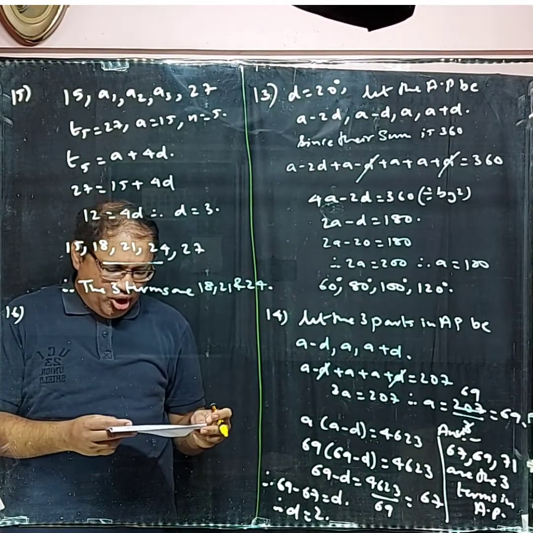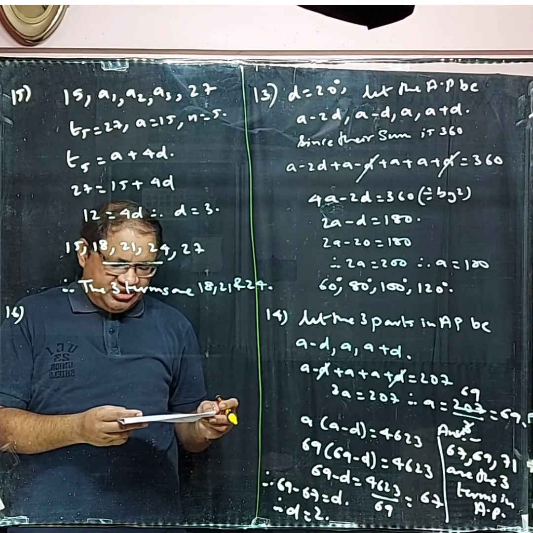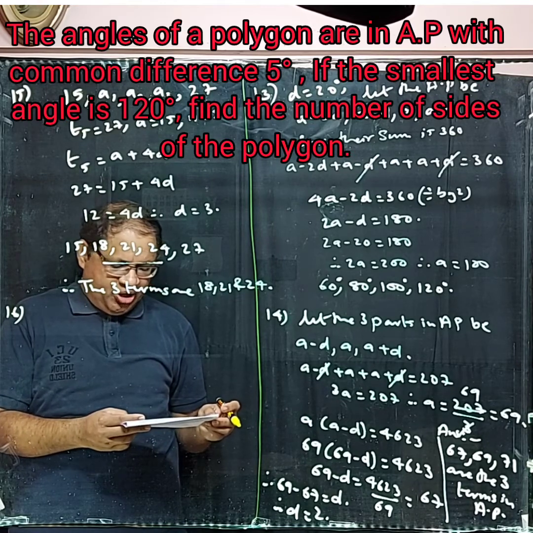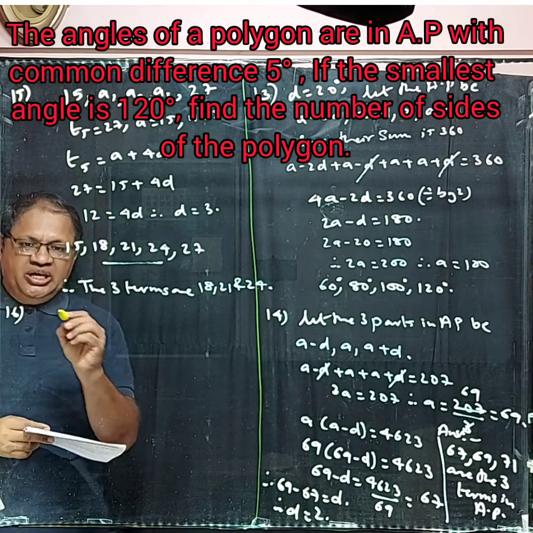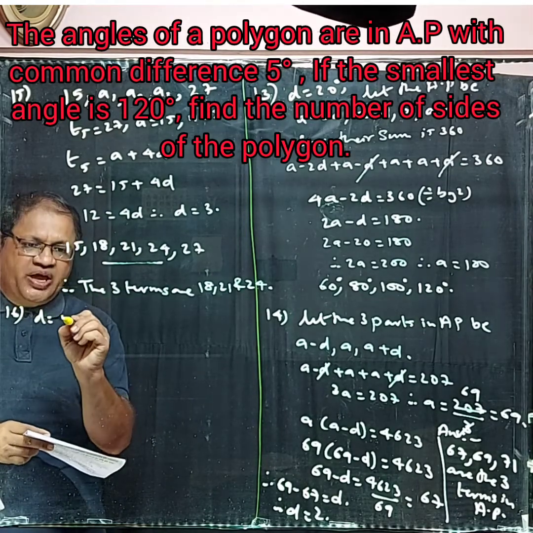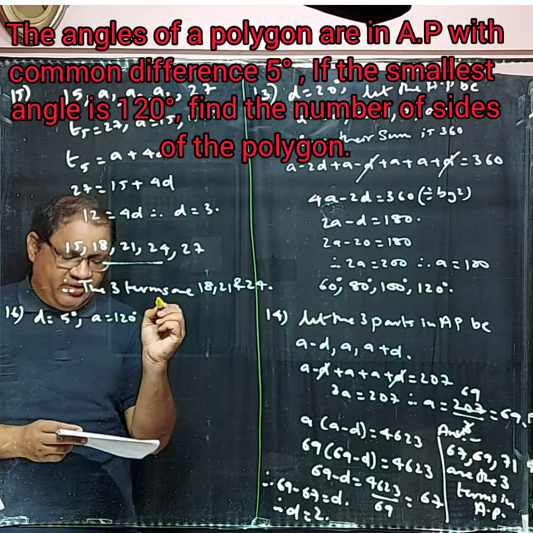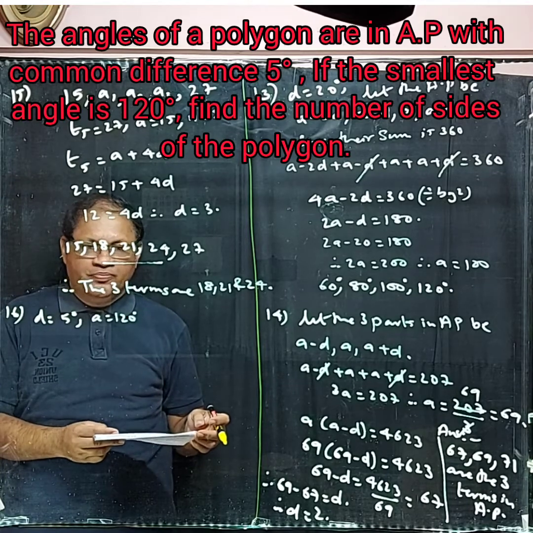The angles of a polygon are in AP. Now common difference is 5. If the smallest angle is 120, find the number of sides in a polygon. Okay, so over here now they have given D, common difference 5. And the smallest angle, that is A, that also they have given. Now they are asking the number of sides in a polygon.